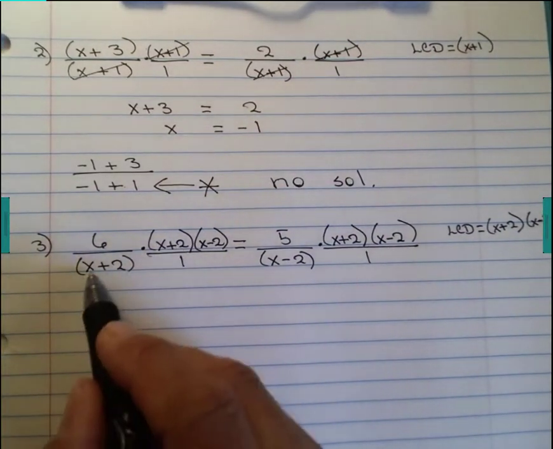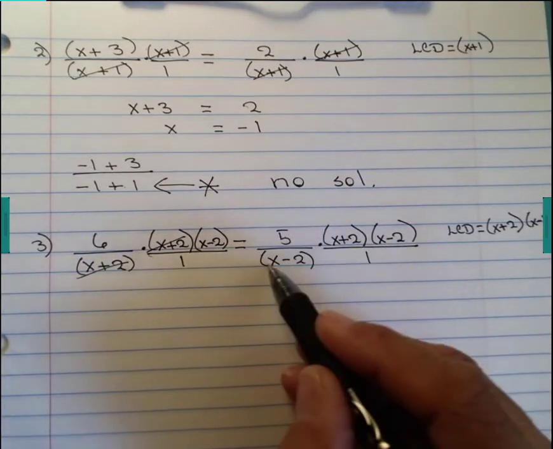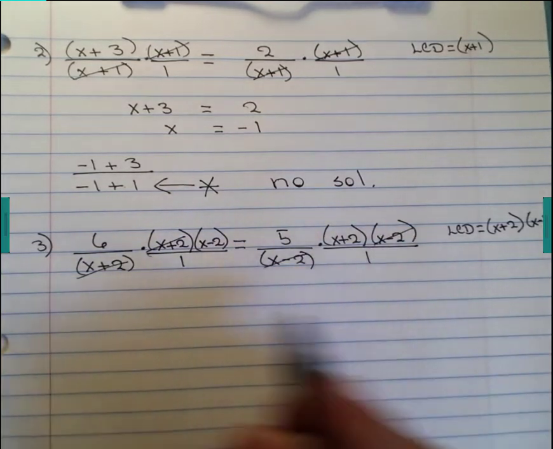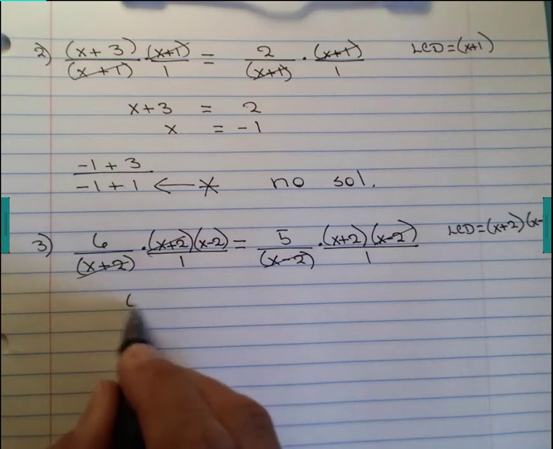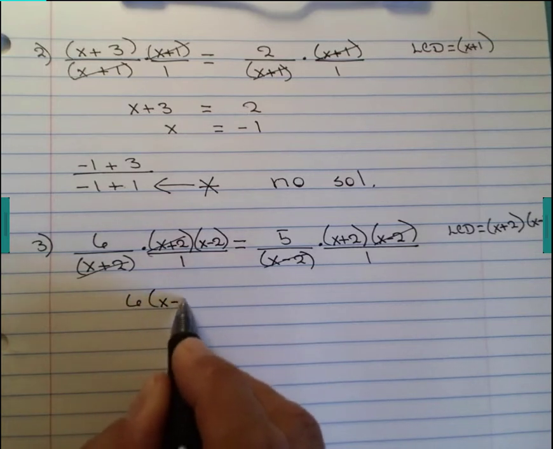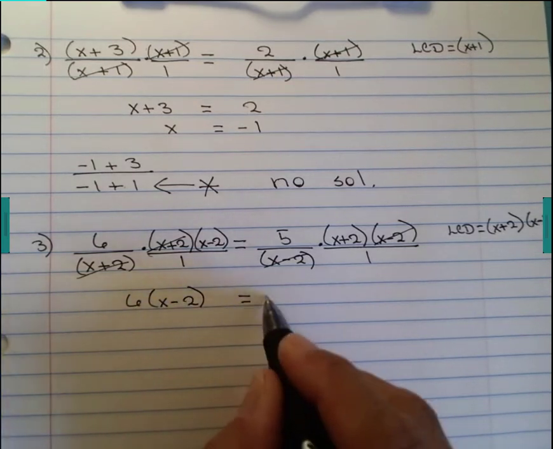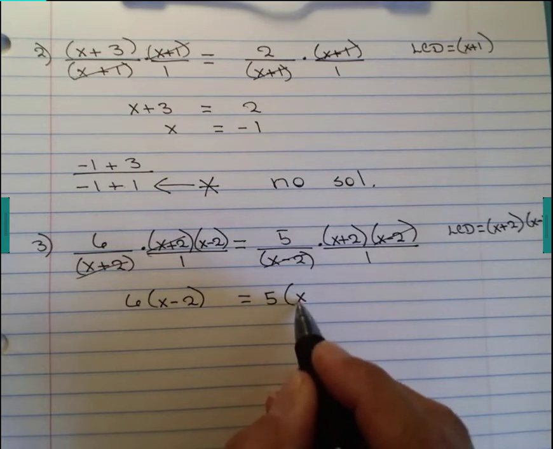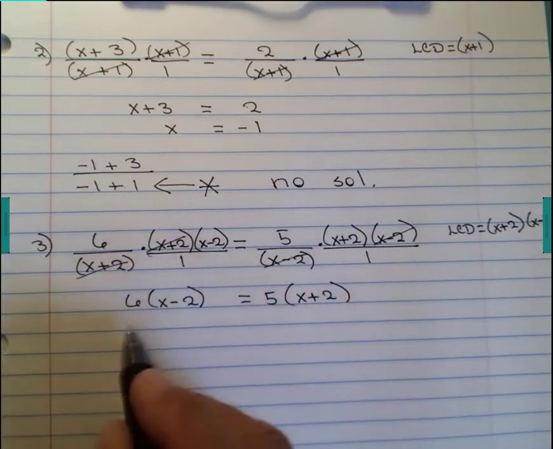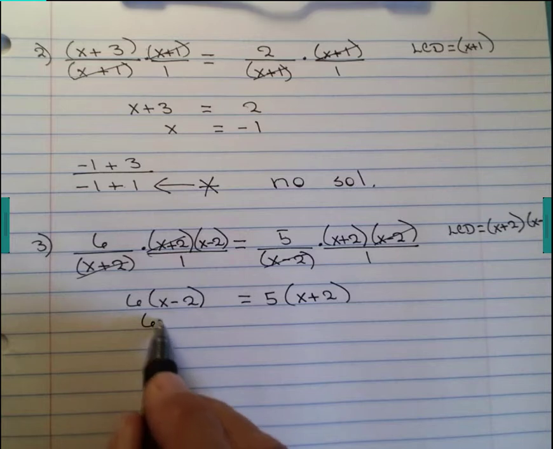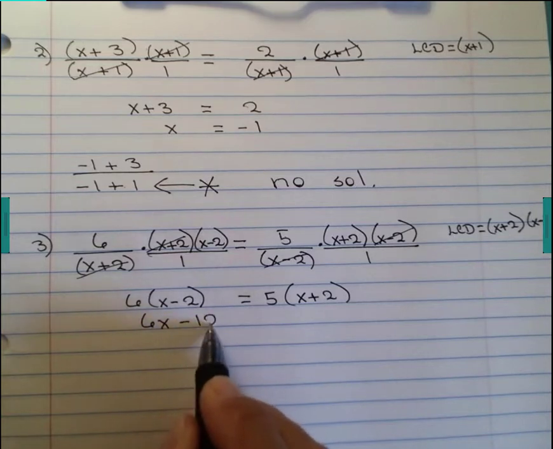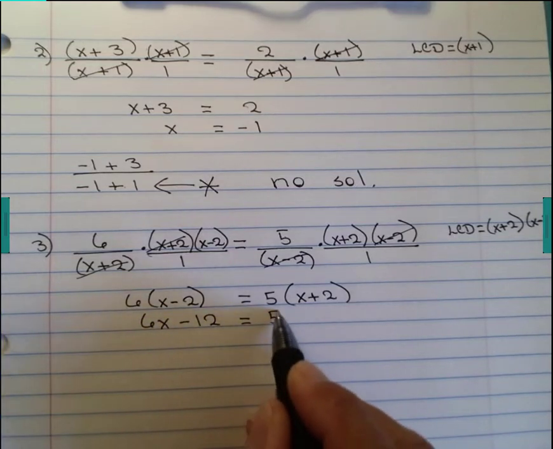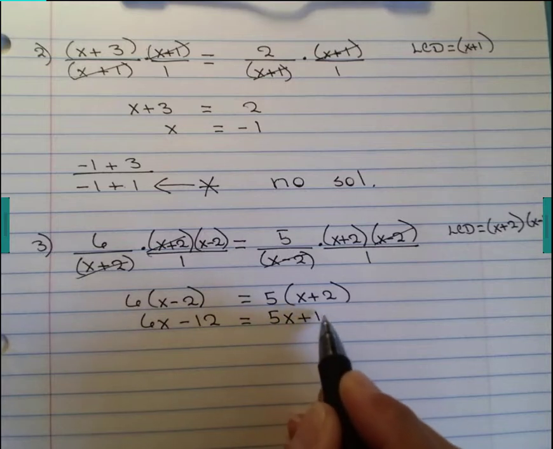Well, the x plus 2's will reduce, and over here the x minus 2's will reduce. So I really have 6 times x minus 2 is equal to 5 times x plus 2. Let's distribute. That's 6x minus 12. That's equal to 5x plus 10.